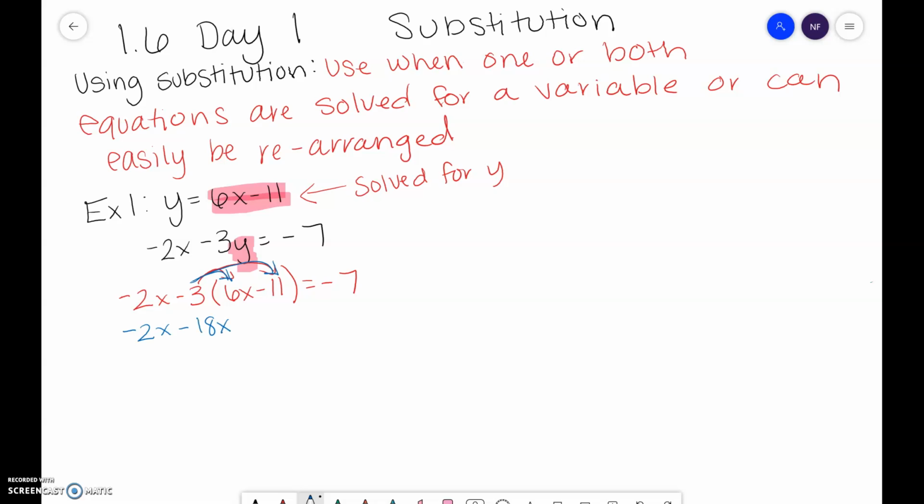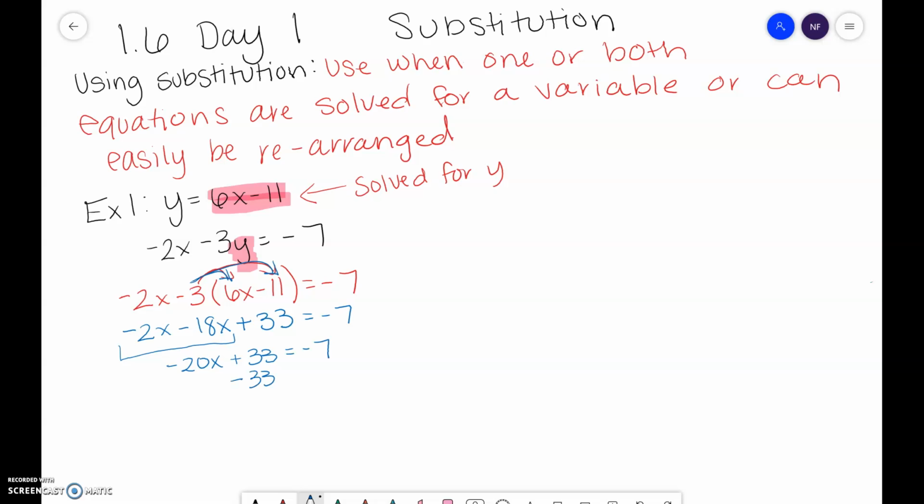And then negative 3 times our minus 11 would give us a positive 33 equals negative 7. And then we just keep simplifying. So combine our x's. So now we have negative 20x plus 33 equals negative 7.